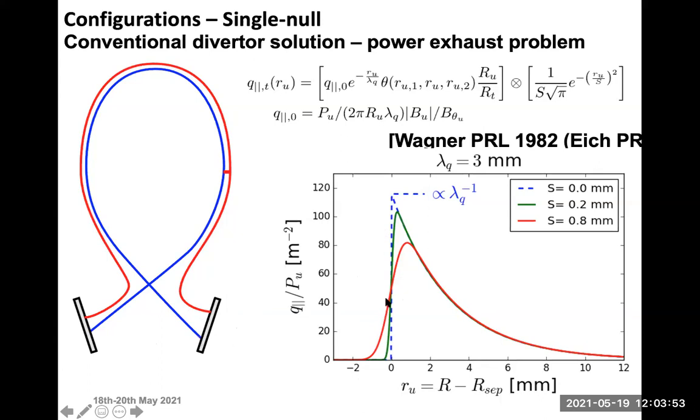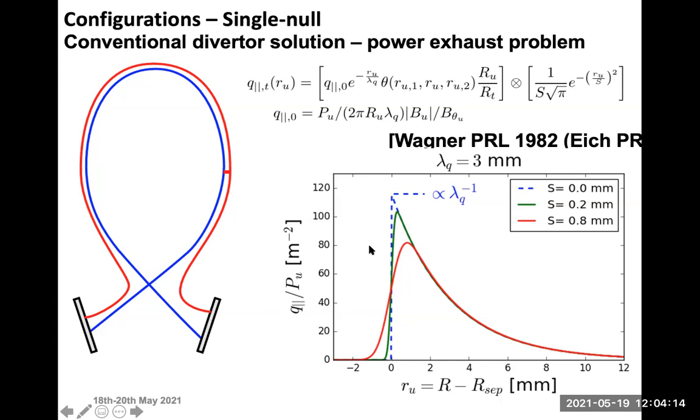Because the plasma diffuses inward and outward, along the target you get this type of profile. This is an attached condition because there is no real loss in the peak power flux. This is what it would look like in a single null divertor.